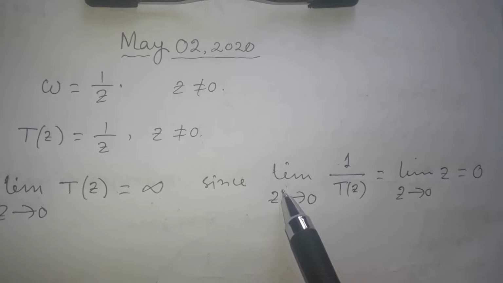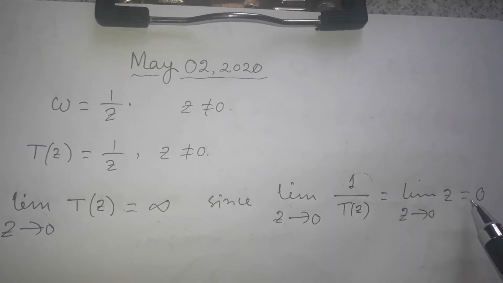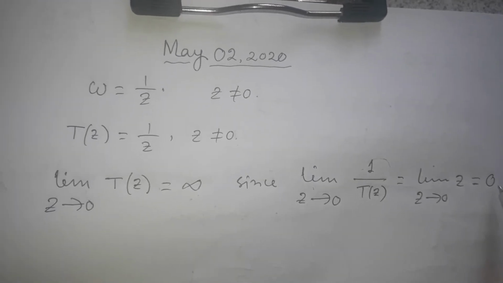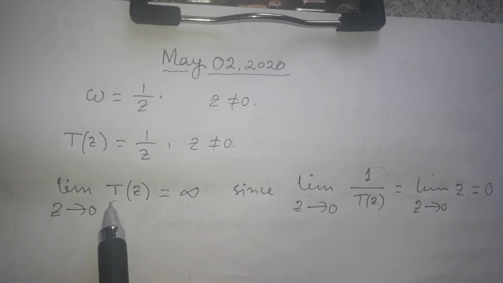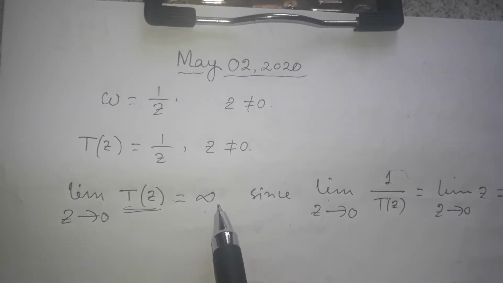So when z tends to 0, this function converges to 0, therefore the limit of T(z) as z tending to 0 will be infinity.